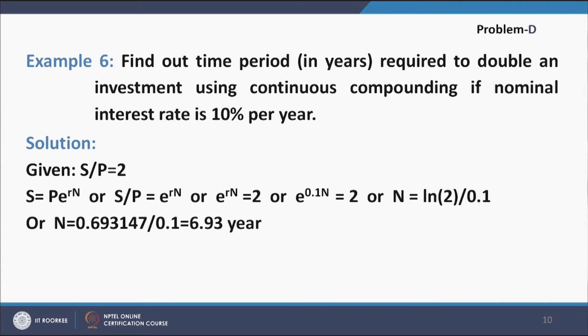Then it becomes e to the power 0.1n is equal to 2, and if we take log of both sides, then n is equal to ln 2 divided by 0.1, or n is equal to 0.693147, which is the natural logarithmic value of 2, divided by 0.1, which is equal to 6.93 years.